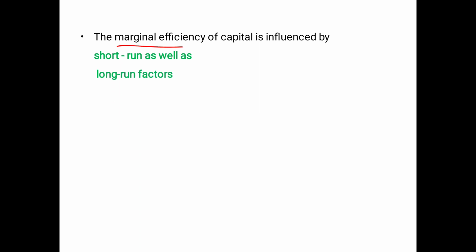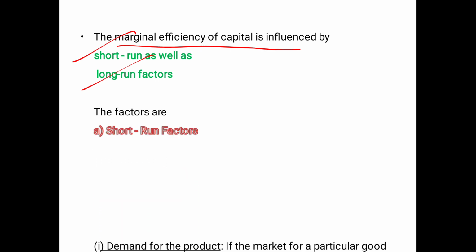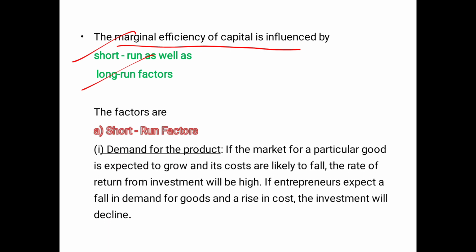So the efficiency of capital is being influenced by two: one is short run, the other is long run. Here you can see short run. In the short run they have given demand for the product. If the market for a particular good is expected to grow, what will happen? The costs are likely to fall.